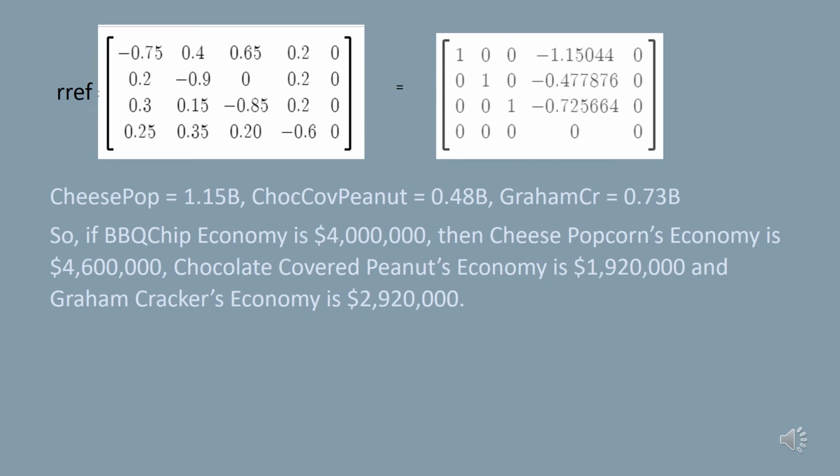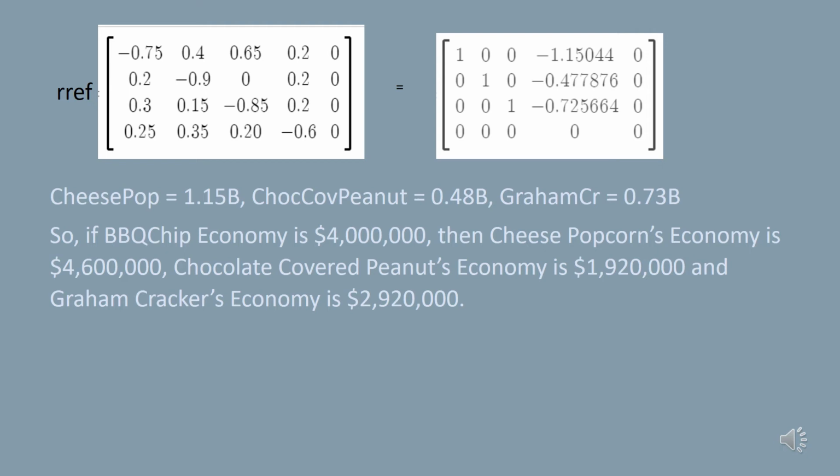Okay, so I am going to use an augmented matrix. Notice the coefficients are the columns and the answer is the last column. They were all zeros. I am using Desmos to find the row reduced echelon version of that augmented matrix, and the fully reduced row echelon matrix is on the right, and I read that as 1 times C minus 1.15044B equals 0.